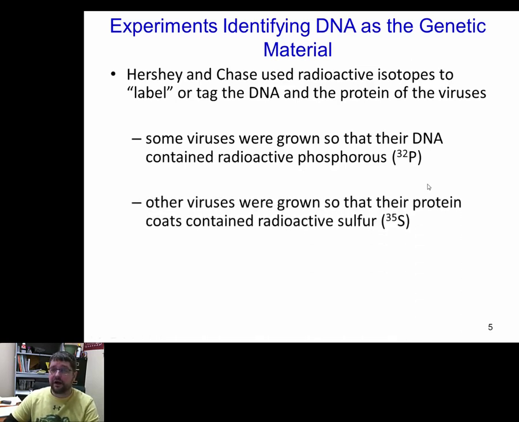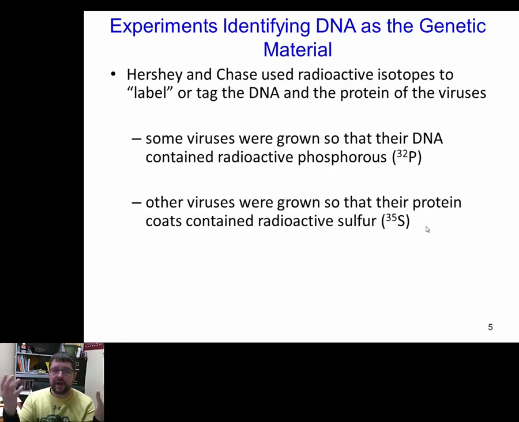And then in another media, you can grow a virus which is going to contain protein, that instead of having phosphorus in it, would have a radioactive sulfur. And the sulfur is a major component of the protein, and so you get this heavy sulfur molecule.